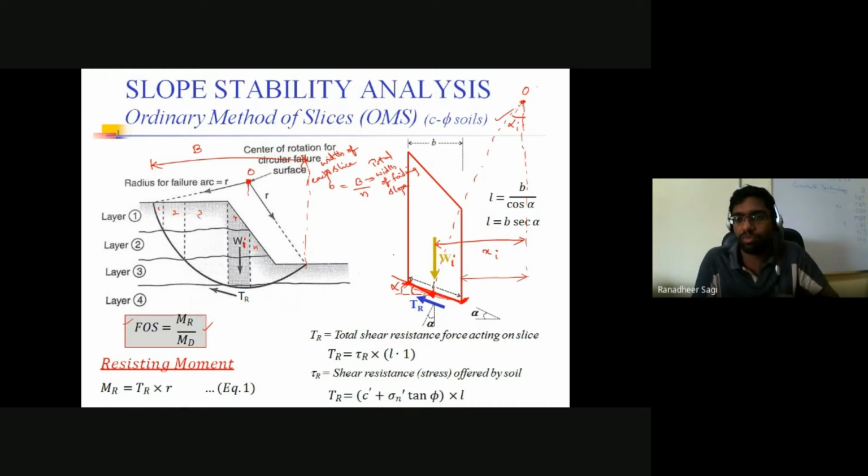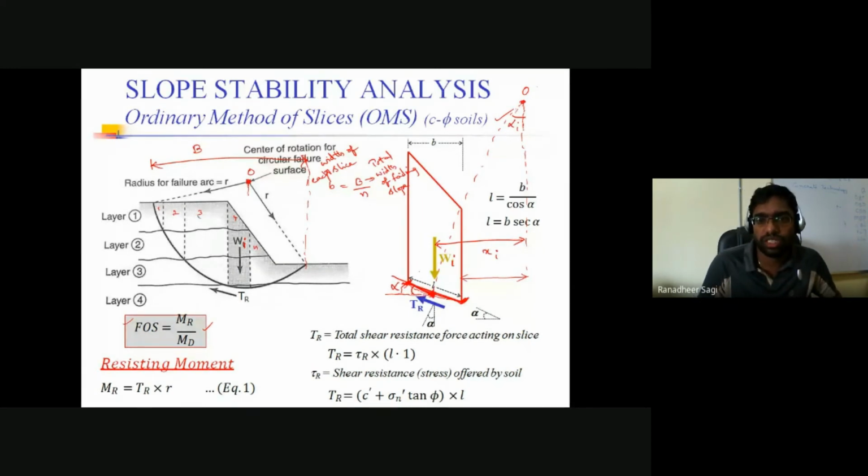If I consider it an approximately rectangular slice, the CG is at the mid width distance. So that's why the failure surface, to indicate the alpha angle, is also represented at the mid distance position of the width of the slice.